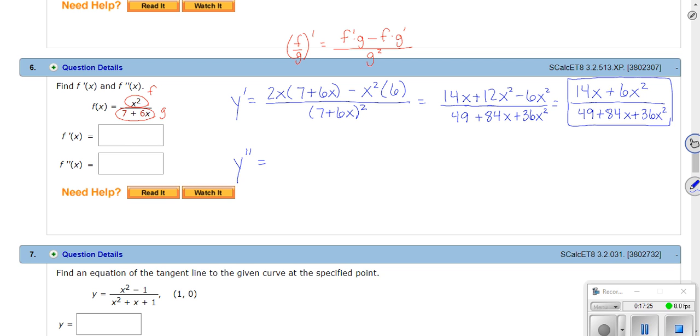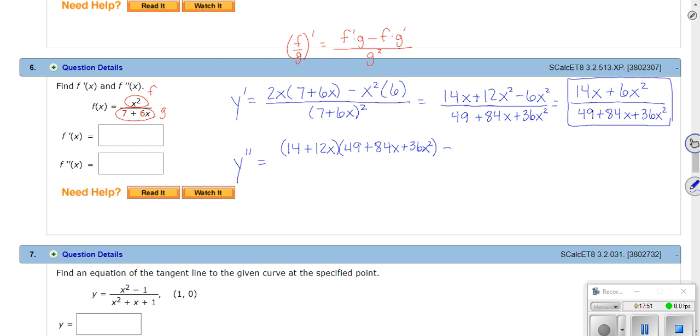So f prime in this case would be 14 plus 12x times 49 plus 84x plus 36x squared. That's my g. Minus f times g prime.